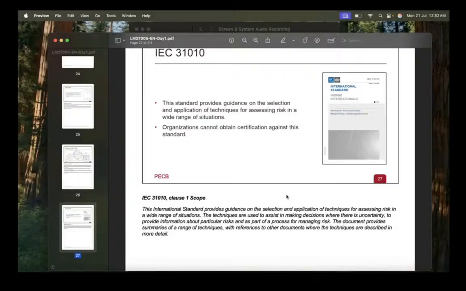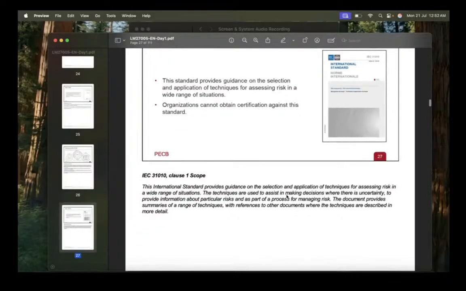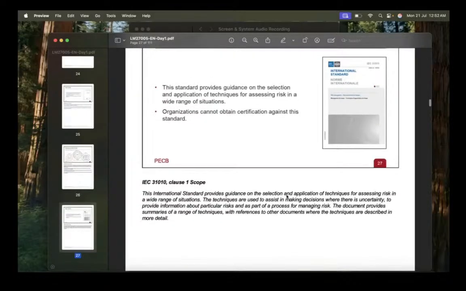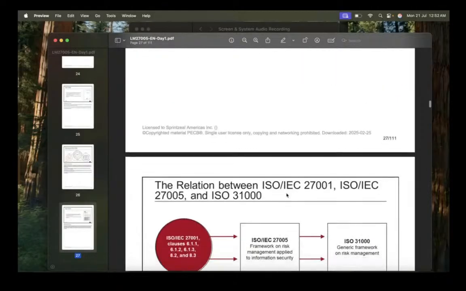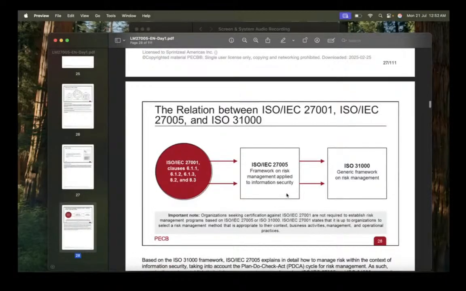Some tell us about the requirements, some tell us about the general guidelines, some focus on the application of techniques for assessing risk. So these are the parts of it. Maybe you can just remember it like that, in one-liners, like what each standard provides us with. That will help you for your further assessments.